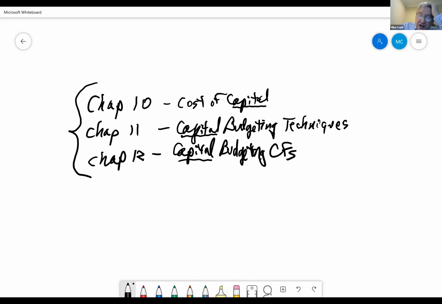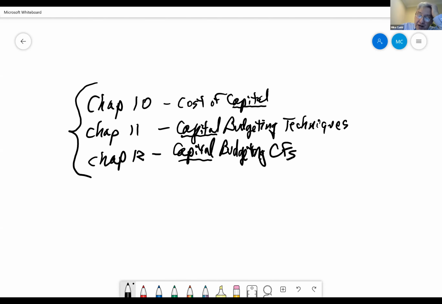The cost of capital, which is what we start with, is how we determine the minimum rate of return we need on that investment. Capital budgeting cash flows is how we forecast the cash flows for the plant.